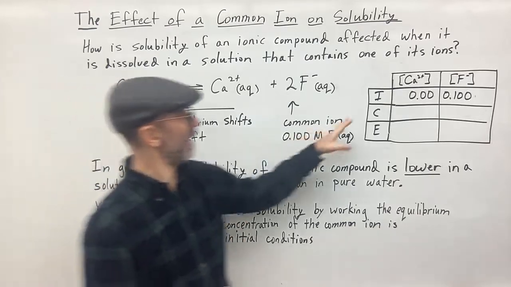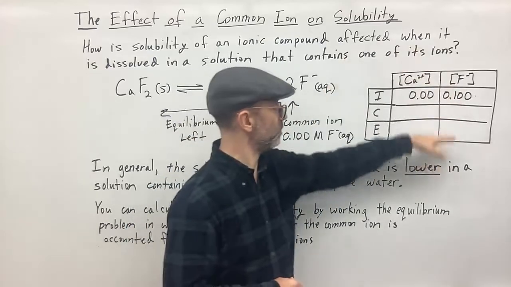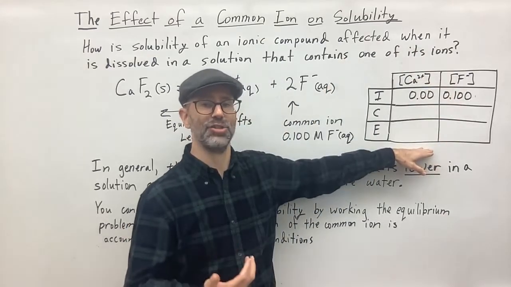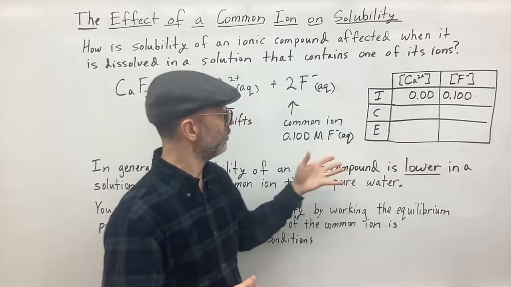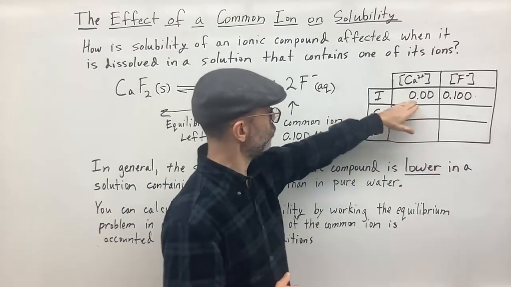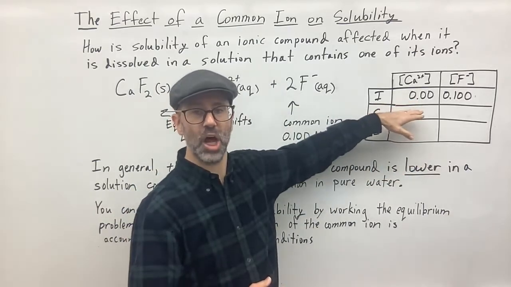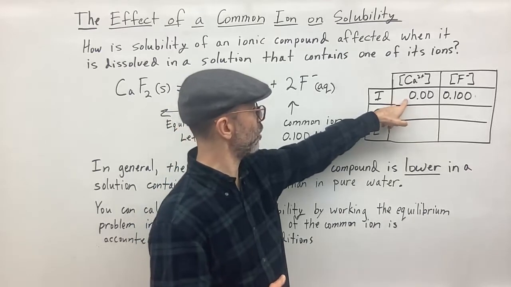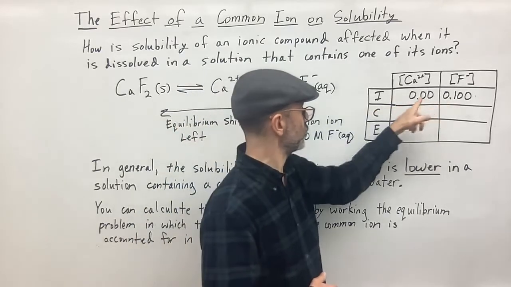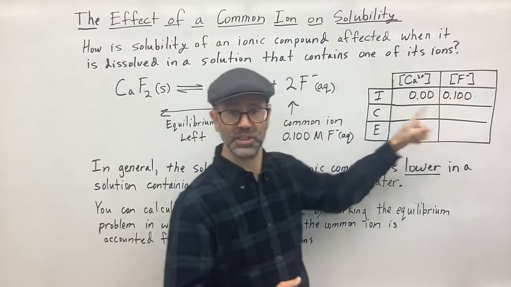Here I set up an ICE table to show you what you would do. Normally, if it's dissolved in pure water, this would be zero concentration initially, and this would be zero concentration initially.